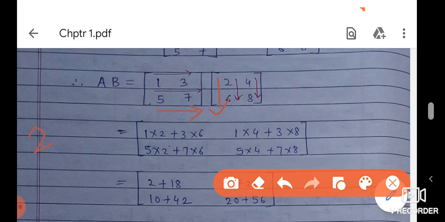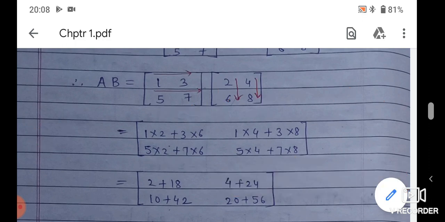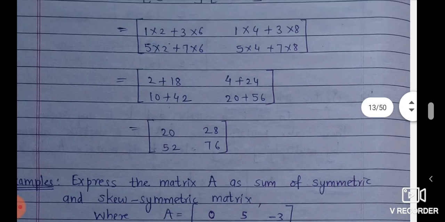Second row, first column, so its entry will be at position 2 1. Then I'm taking second row, second column, so its entry will be at position 2 2. Again while multiplying, 5 into 2, 7 into 6. Understood? In this way, 2 plus 18, 4 plus 24, 10 plus 42, 20 plus 56, and so on. So we'll get the multiplication of the matrix.